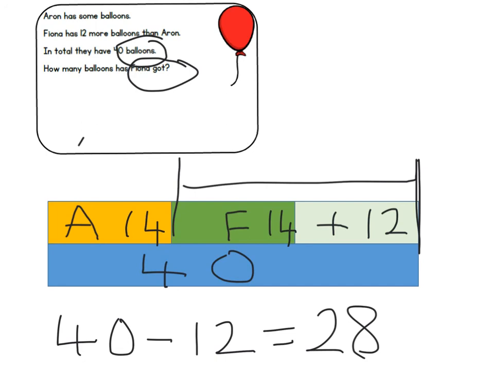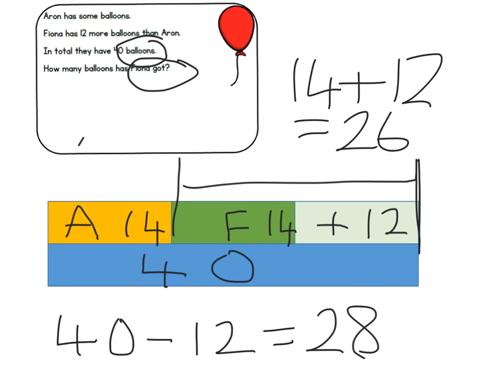So now when we look back at the question, how many balloons has Fiona got, we know that Fiona has 14 balloons, but she's also got 12 more balloons than Aaron. So we're going to do 14 add 12, which is going to leave us with a total of 26. So we know that Fiona has 26 balloons.